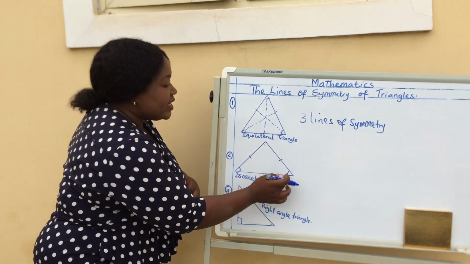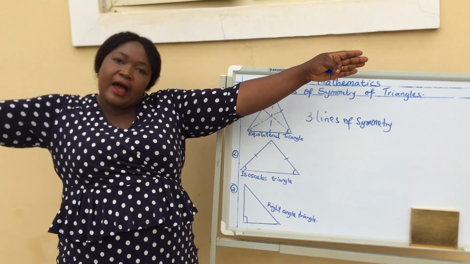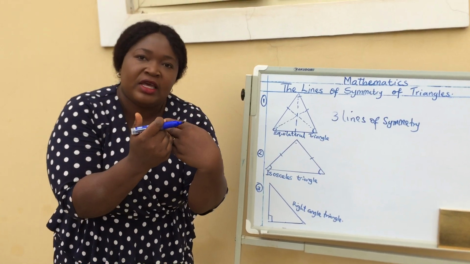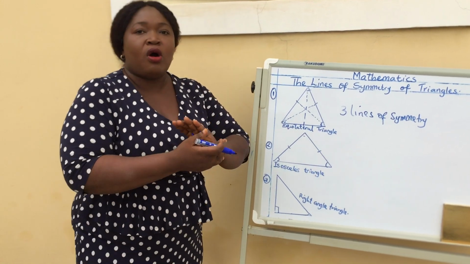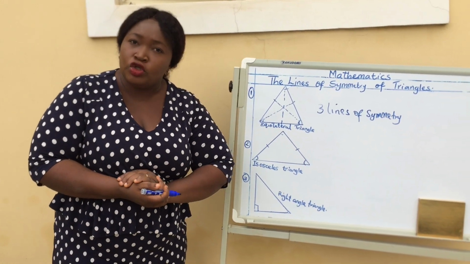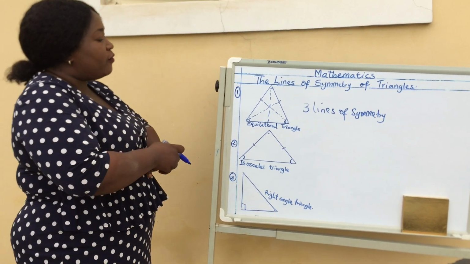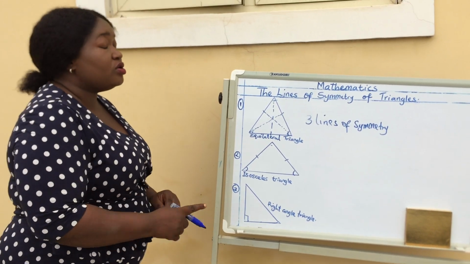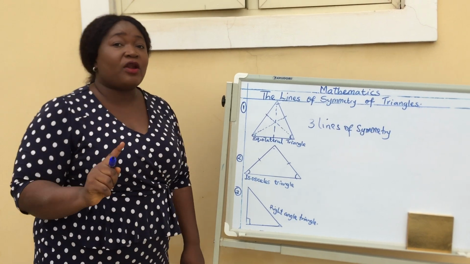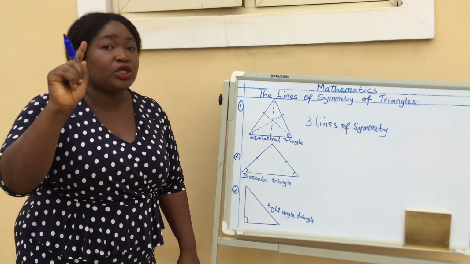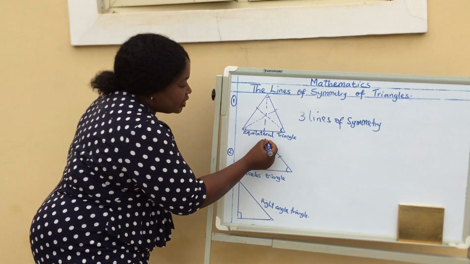But this one is either longer or shorter than the two opposite sides. Do we understand that? Yes. Now, the line of symmetry of an isosceles triangle is one, and it can only be obtained in the middle part. Like this.